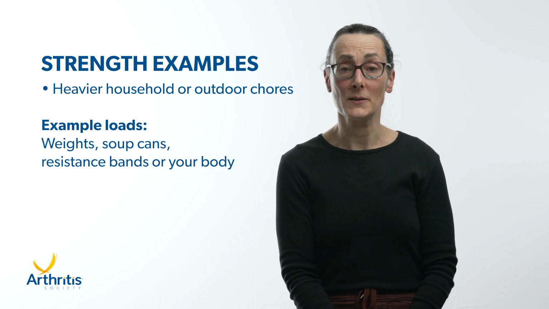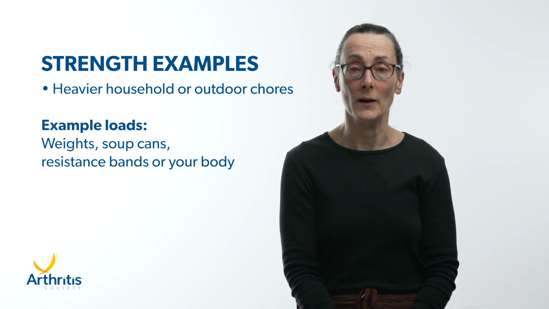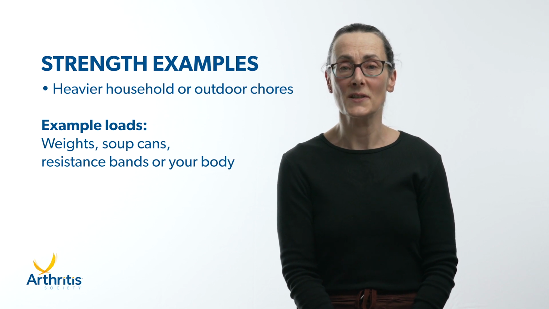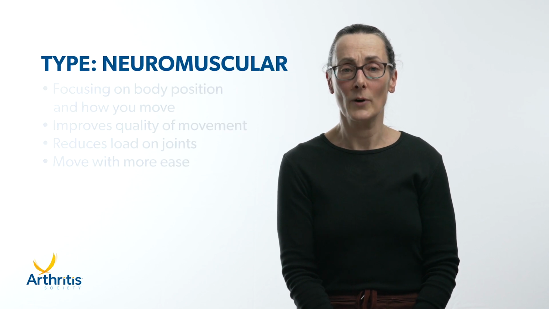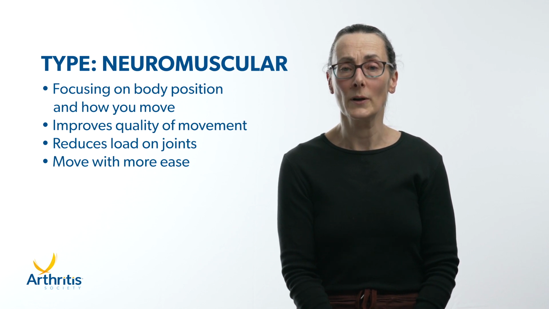Strength exercises can include lifting a load, for example, weights or soup cans, also using resistance bands, or using your body as a weight. Neuromuscular exercise or activity focuses on attention to and awareness of your body position and how you move, improving your quality of movement, reducing the load on your joints, and allowing you to move with more ease.